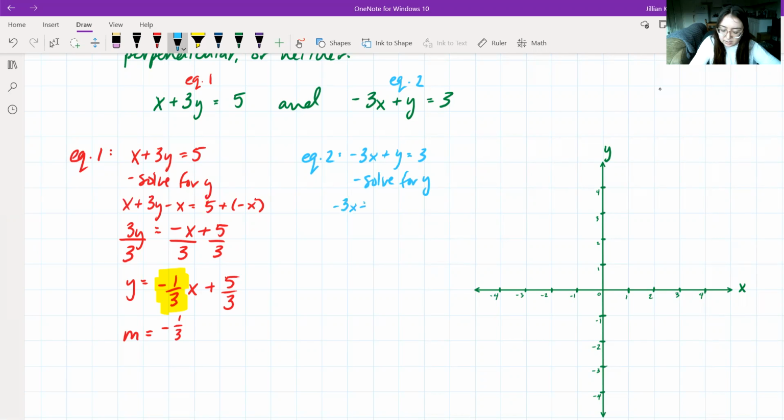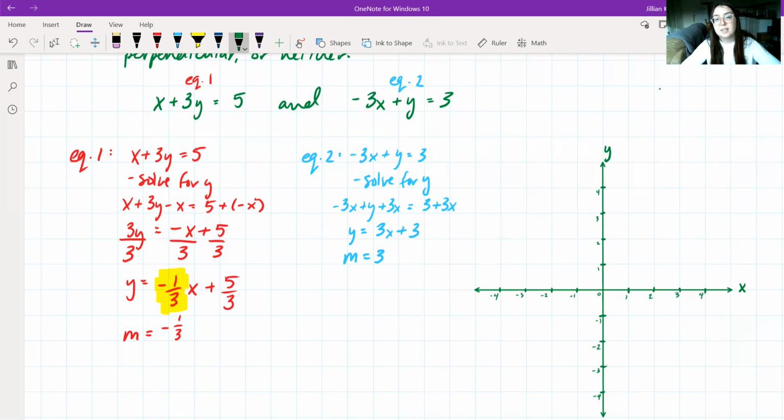Negative 3x plus y plus 3x is equal to 3 plus 3x. So now we have y is equal to, and once again I'm going to reverse it using our commutative property of addition, 3x plus 3. So now we've solved for y in this case as well, and our slope is equal to 3.